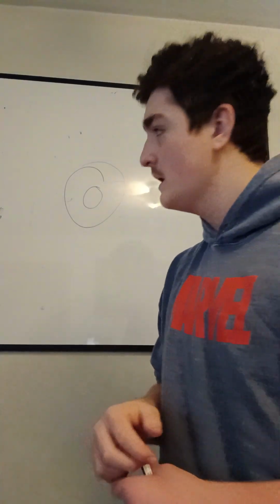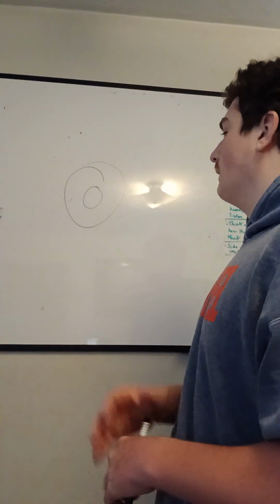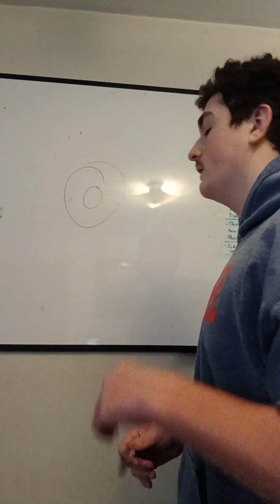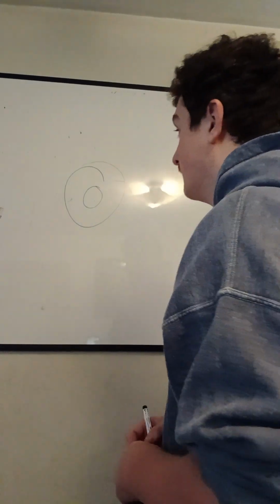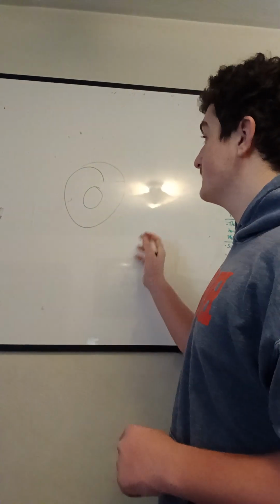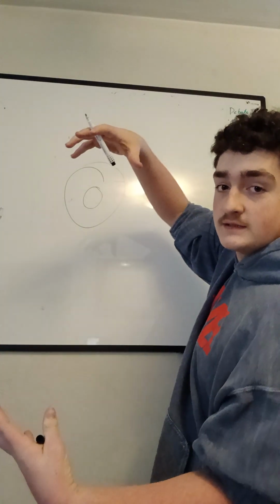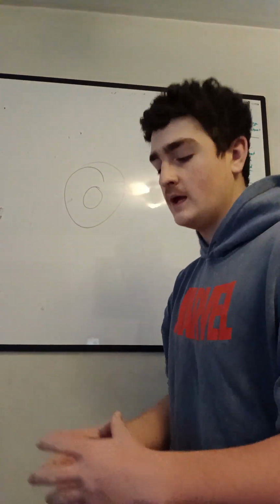Now, whenever it goes through that process, a neutron star forms when it collapses in a supernova. So imagine it expands. Basically, what happens in a supernova is, say the star is this size, right?